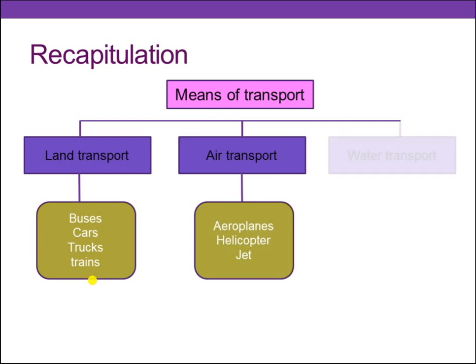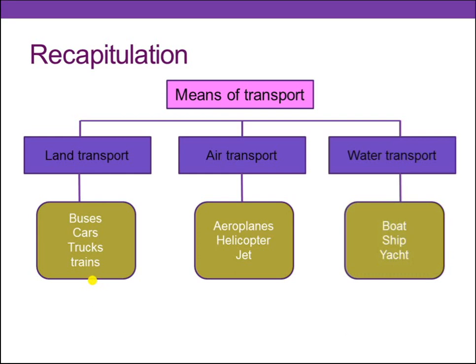Okay. Next, the third one, water transport. So what is water transport? The vehicle which moves on water. Yes. So what are the vehicles that come under water transport? They are boat, ship, and yacht. Okay. Yes. And also we learned about the importance of means of transport.